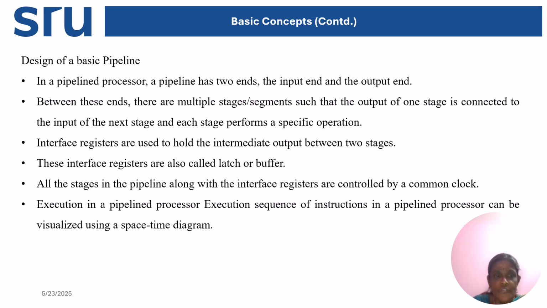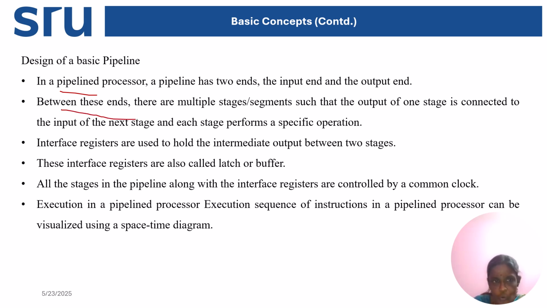Design of the basic pipeline. In a pipeline processor, a pipeline has two ends, the input end and the output end. So whenever we are doing any operation, we have an input stage and then an output stage.